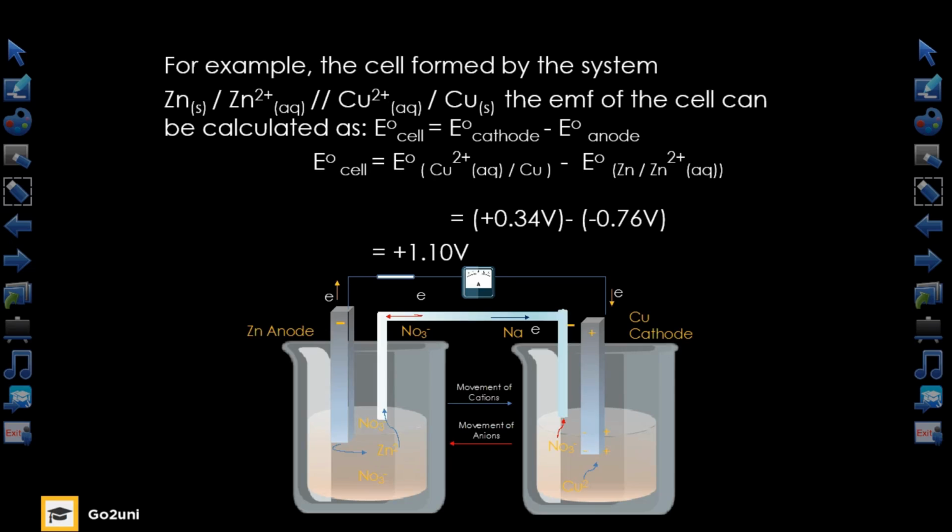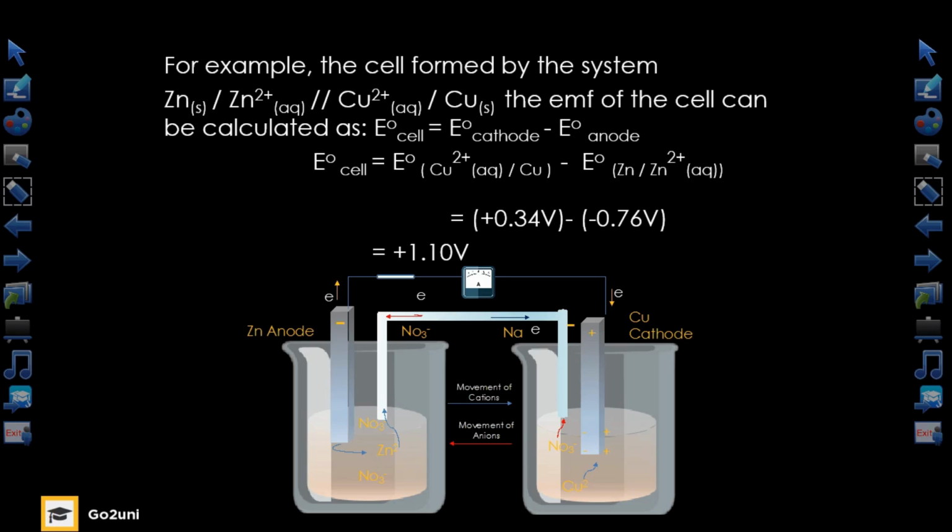So looking at what we have displayed, we have a cell constructed using zinc and copper, and we can see the salt bridge between zinc and copper. To calculate the EMF of this cell, the electrode potential of that cell is equal to the electrode potential for cathode minus electrode potential for anode.